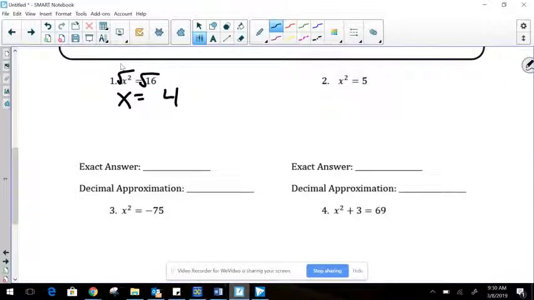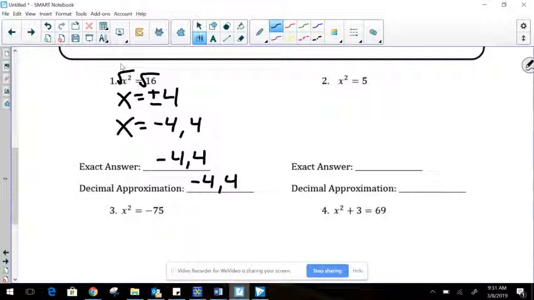But we know that we're smarter than calculators most of the time. So my actual answer is positive 4 and negative 4. You can write it like that, or you can write it like negative 4, comma 4. Either way, you can see that written. So my exact answer here is negative 4, 4. My decimal approximation is the same because it's already a whole number.